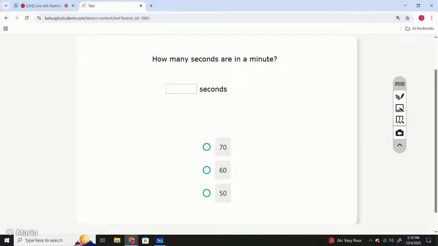How many seconds are in a minute? There are 60 seconds. Option number 2 is the correct option.